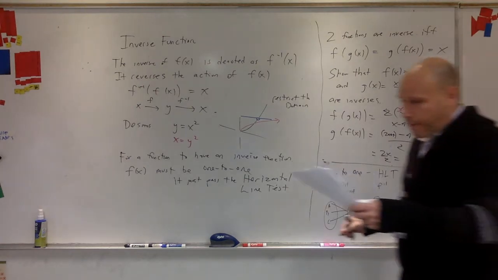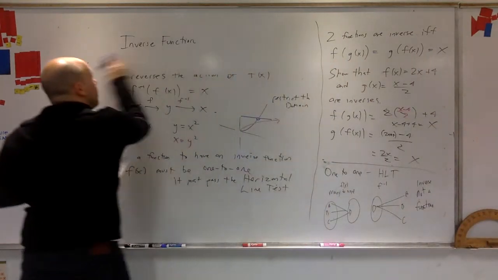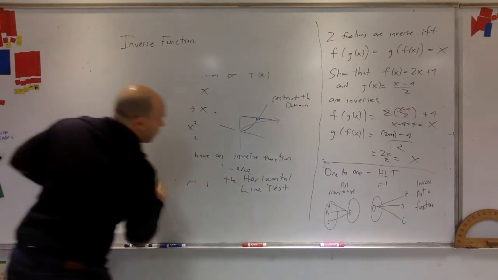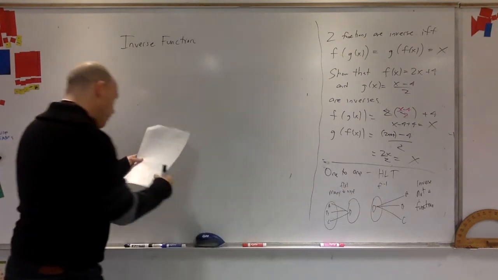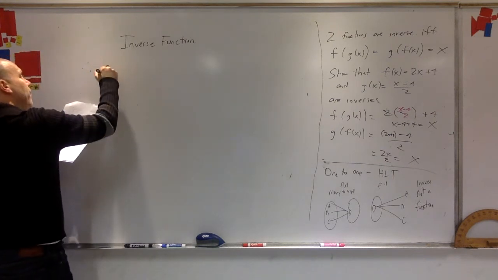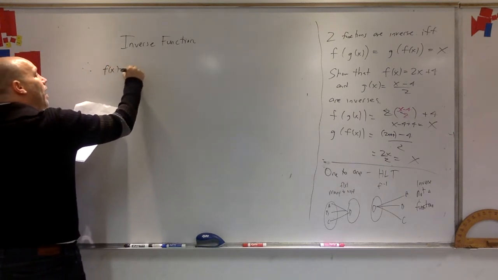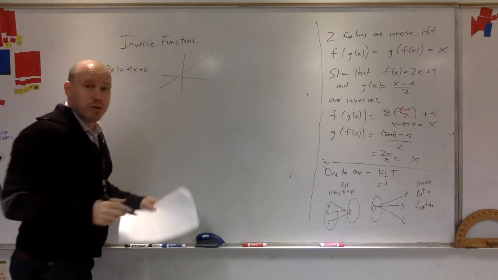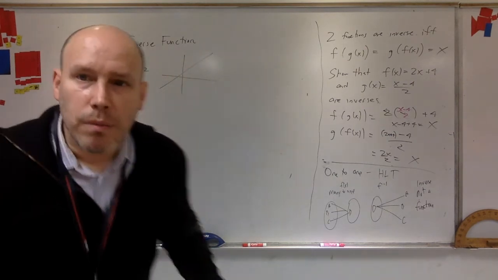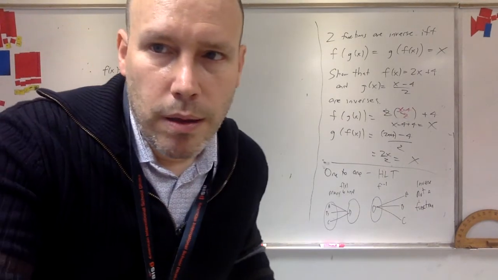Okay, let's take a look at some examples. f of x equals 4x plus 2. Well, I kind of know the graph looks like this.